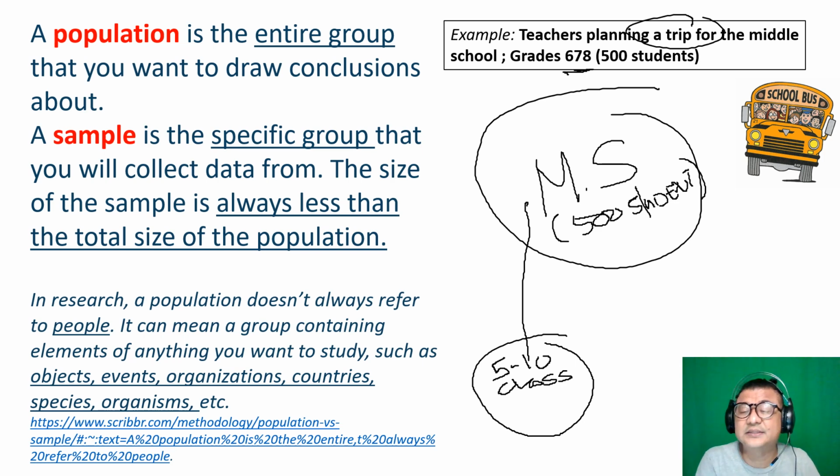No, I take a random sample. It would have boys, it would have girls, it would have younger kids, different ethnicities. It's random, okay? And whatever, from 5 to 10 from each class.